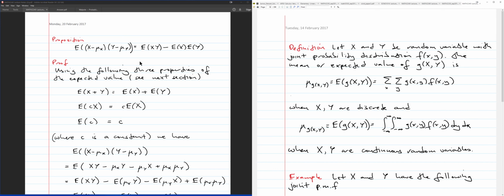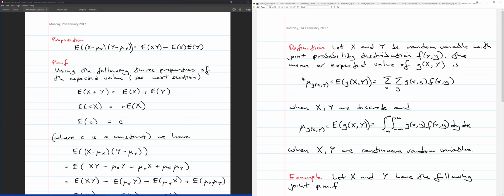If you're going to calculate your covariance, whether you do it this way, using x minus the mean times y minus the mean, or you do it this way, in both cases what you need is the expected value of a function of x and y, in the case when x and y are jointly distributed.